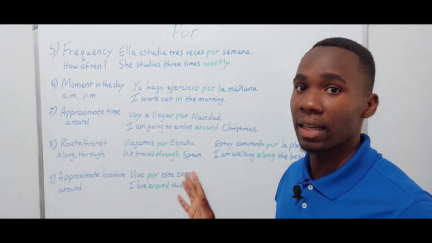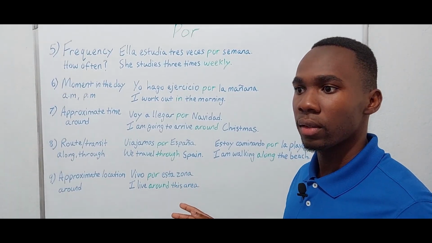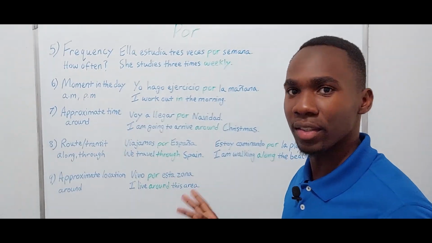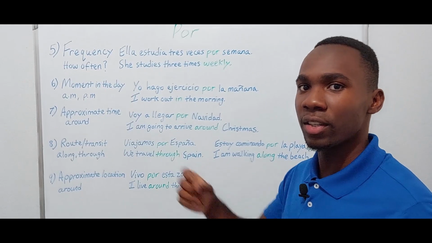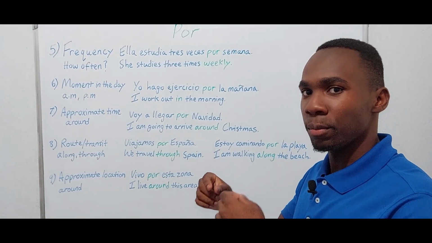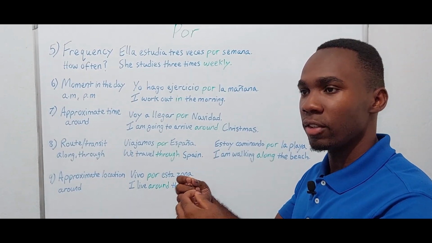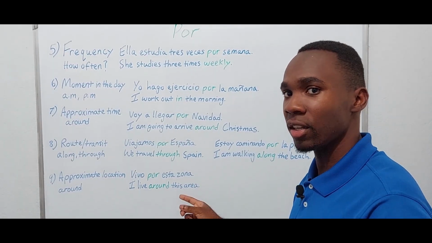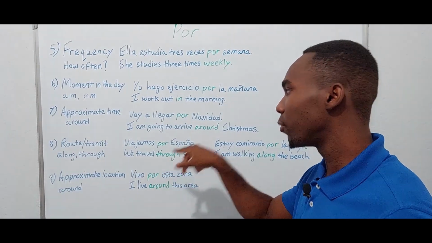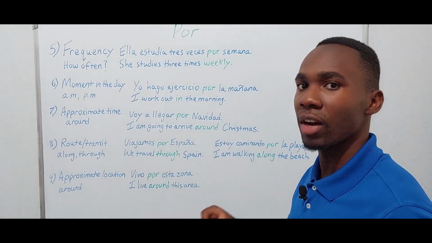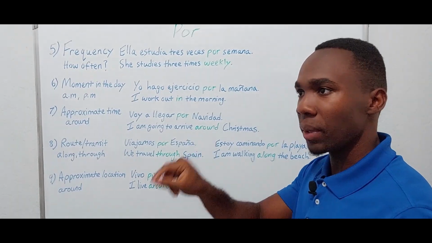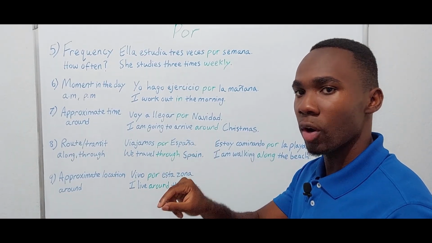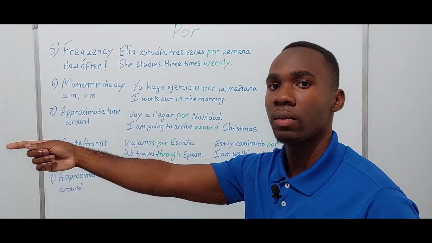This is just for the sake of the example. Your destination is Brazil, but one of the countries that the plane has to stop in is Spain. So we would say viajamos por España in that case. We travel through Spain. So Spain is a stop on the way to get to Brazil, right?